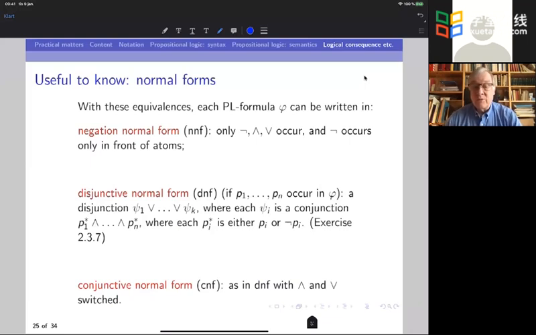Then you can rewrite phi equivalently as a big disjunction, psi1 or ... or psik, for some number of disjuncts, where each disjunct psi i is a conjunction of length n, written as P1 star and ... and Pn star, because Pi star is either Pi or the negation of Pi.